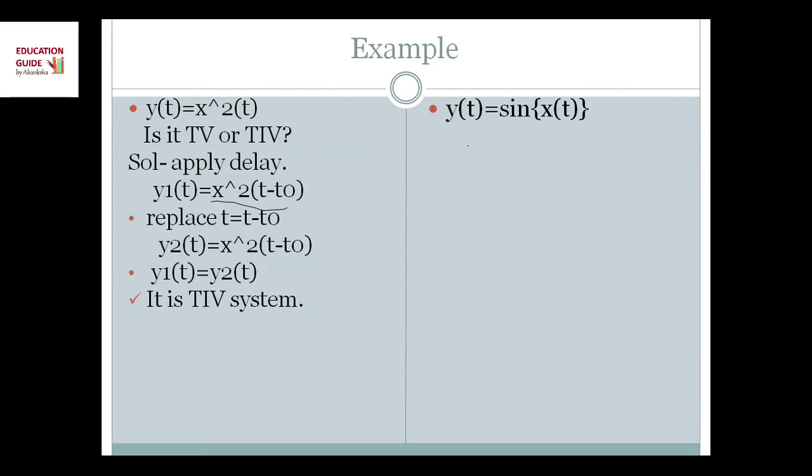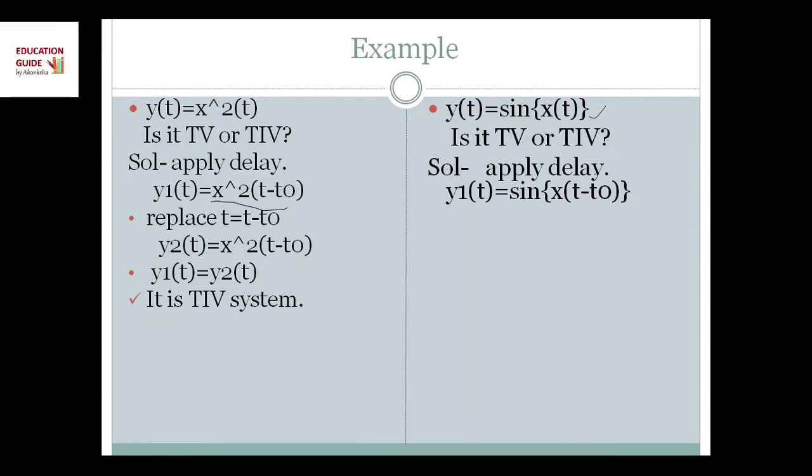Second example is y(t) = sine of x(t). Is it TV or TIV? Apply delay. y1(t) = sine x(t - t0). Replace t with t - t0.